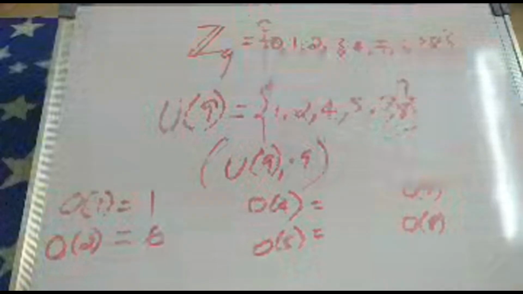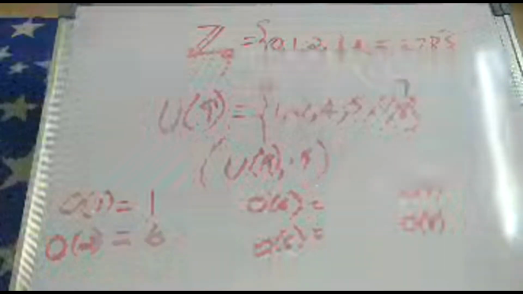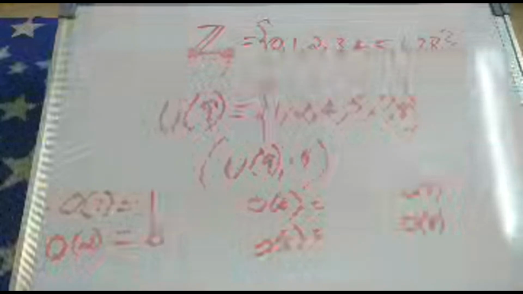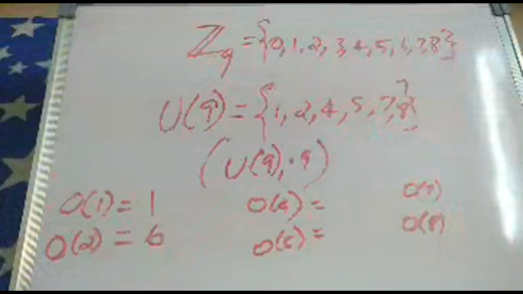Okay, fine. 2, 4, 8, 16, 32. Yes. Order of 2 is 6. Order of 4 is 3.